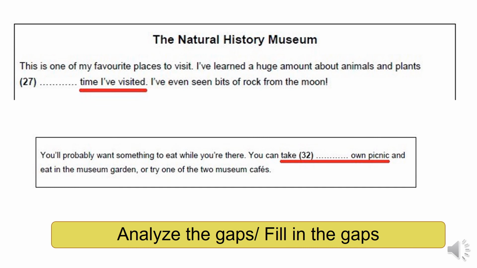And because the subject of the sentence is you, we need to put your in this gap. As you can see, you need to analyze the gaps very carefully to find the grammatical structures or specific expressions that can help you find the missing words. But with practice, this becomes easier and easier.